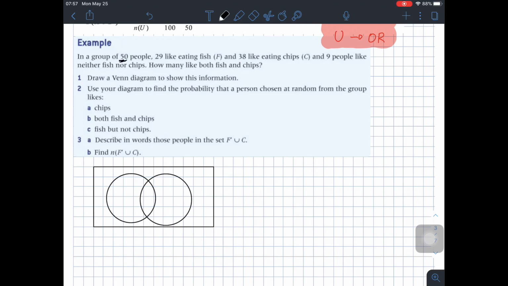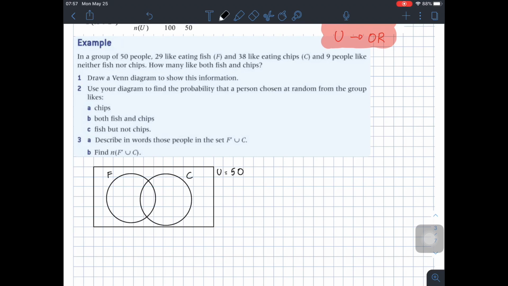So there should be some people who like both eating fish and chips. The total universe in this case is 50. So fish is one circle, and chips is the other circle here.